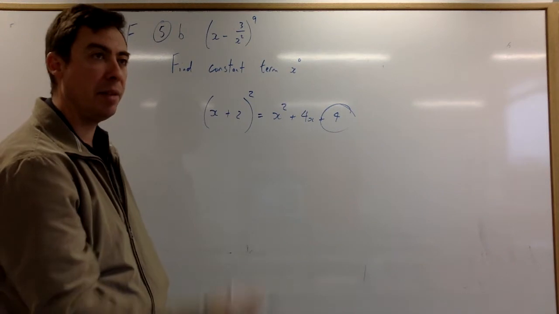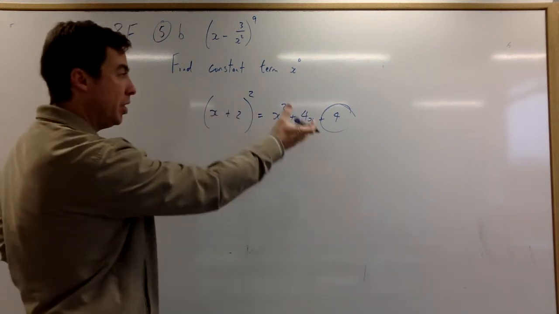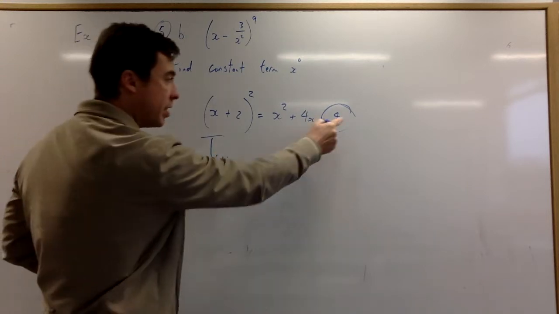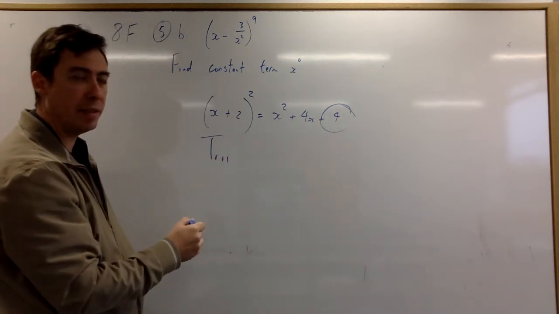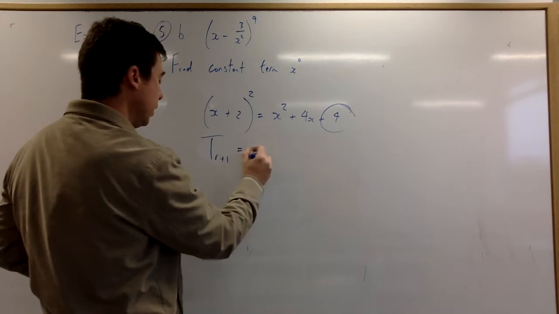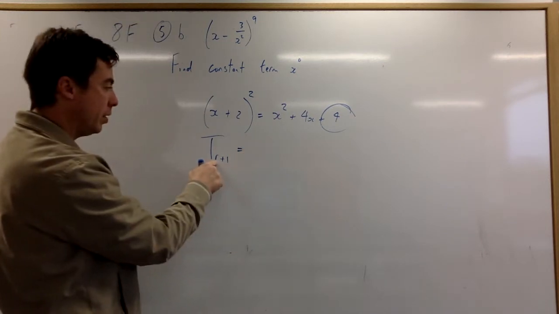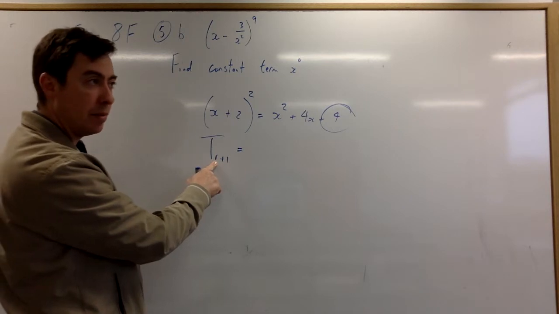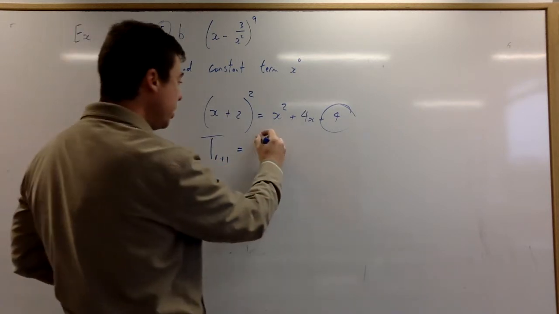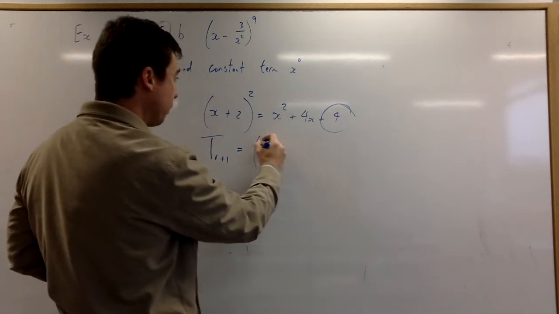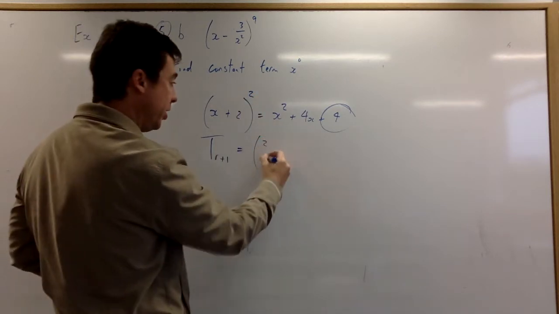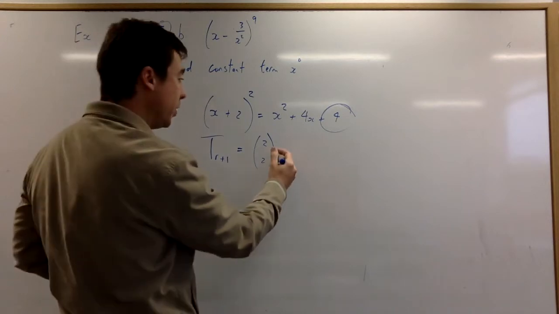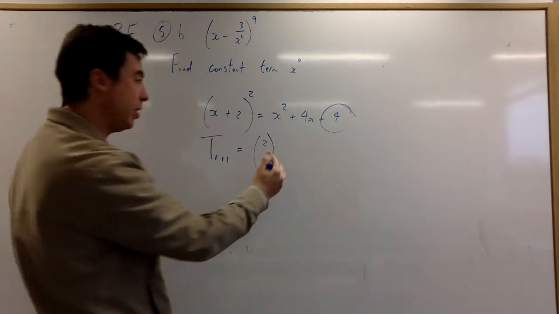If I'm using the general term formula to find that, that's the third term, so my r is 2 to get that third term. And my n's 2, so I'd be doing 2 choose 2, which is 1. Only one way to choose two things out of two things.